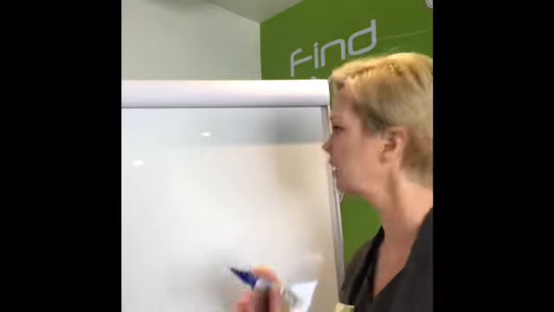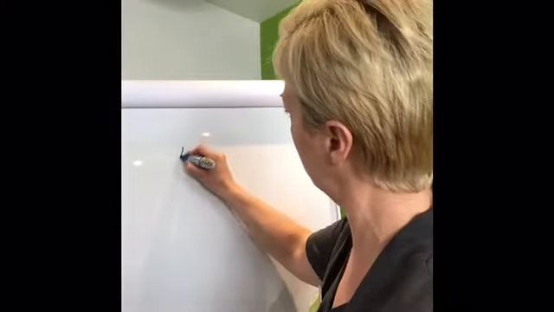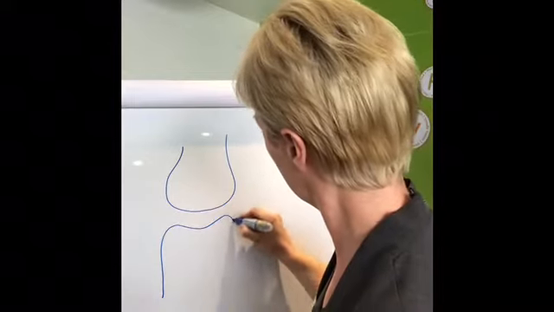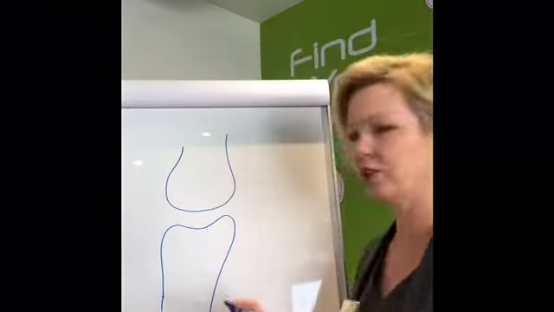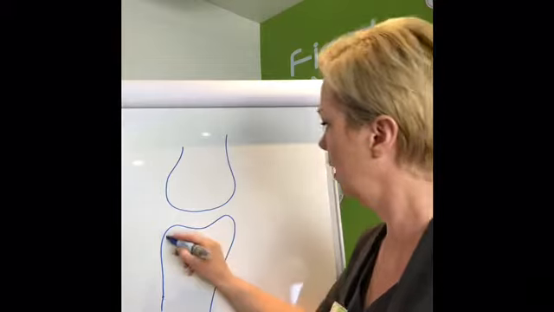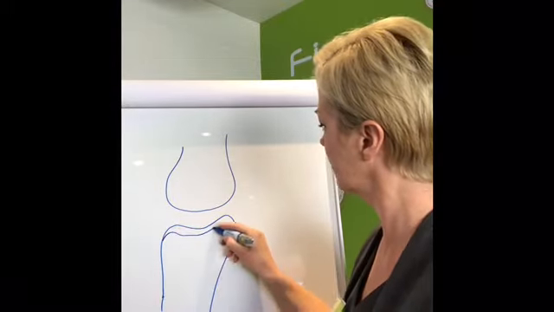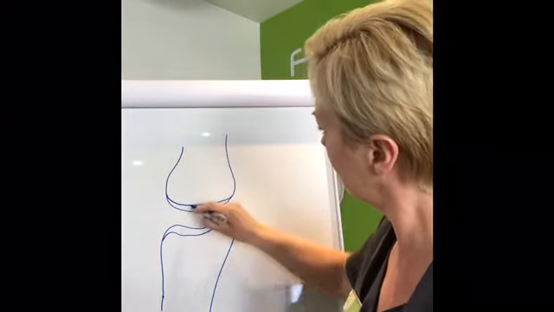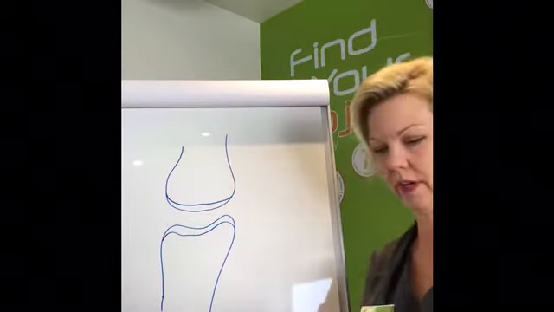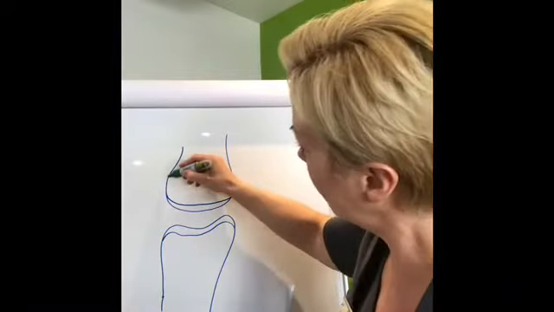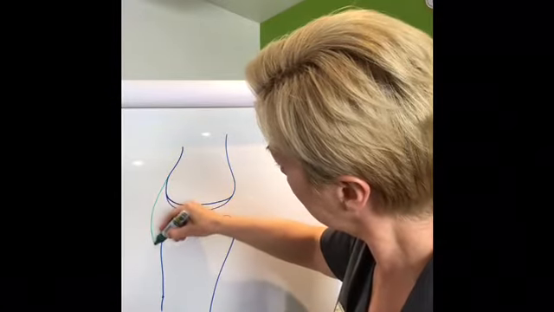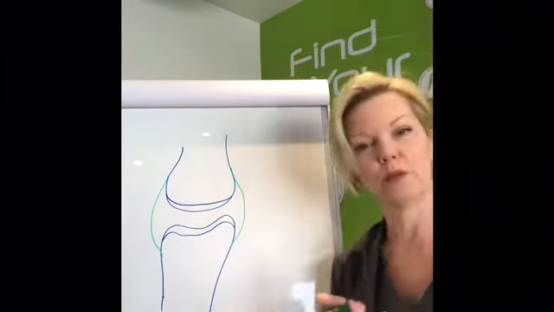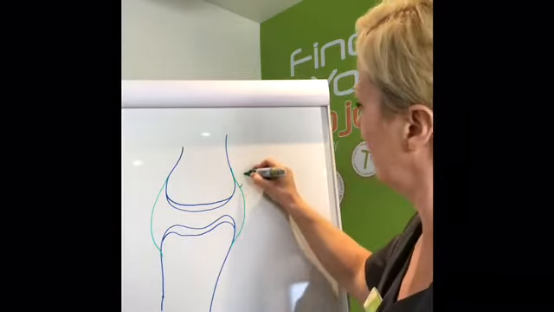So I'm going to quickly draw you a joint. So here we go. Imagine there the bones to start off, and then what you've got is a cartilage layer that's just here and here. Okay. Then what you have across to here would be your joint capsule, okay?